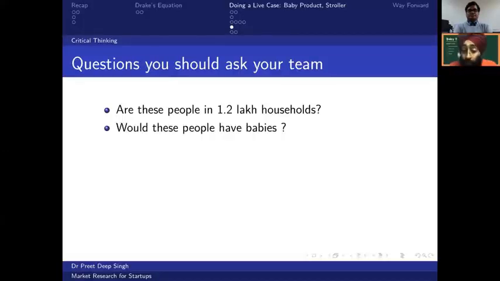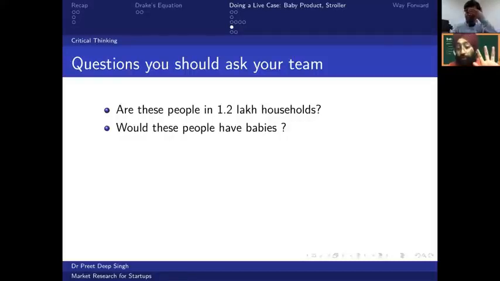Do people who earn 60 lakh rupees a year have babies, right? If somebody is earning a salary of 60 lakh per annum, do you think this person is at a life stage where they have babies? Important question.